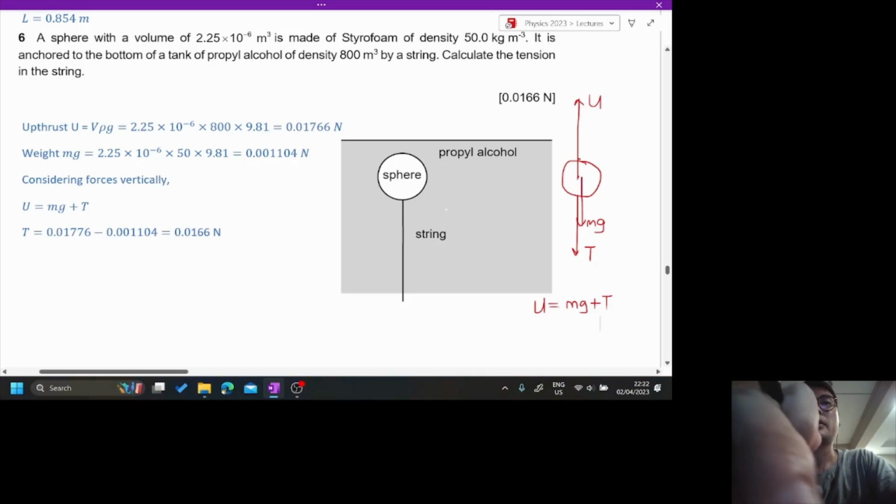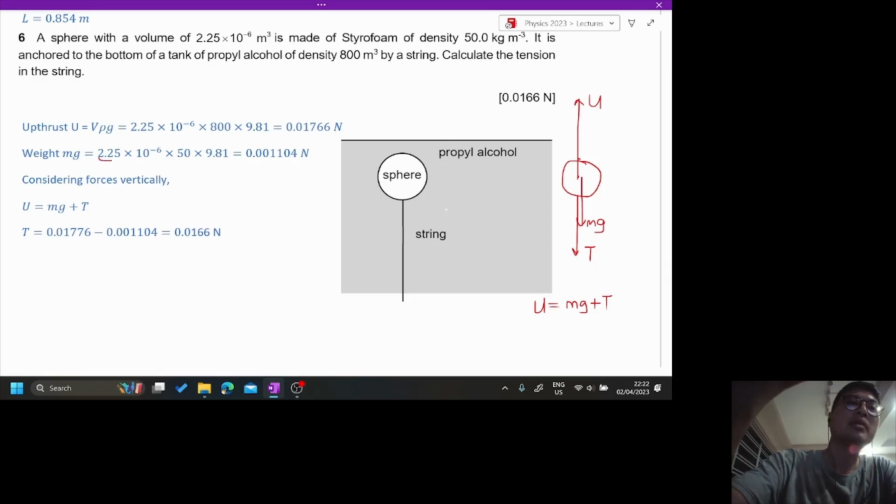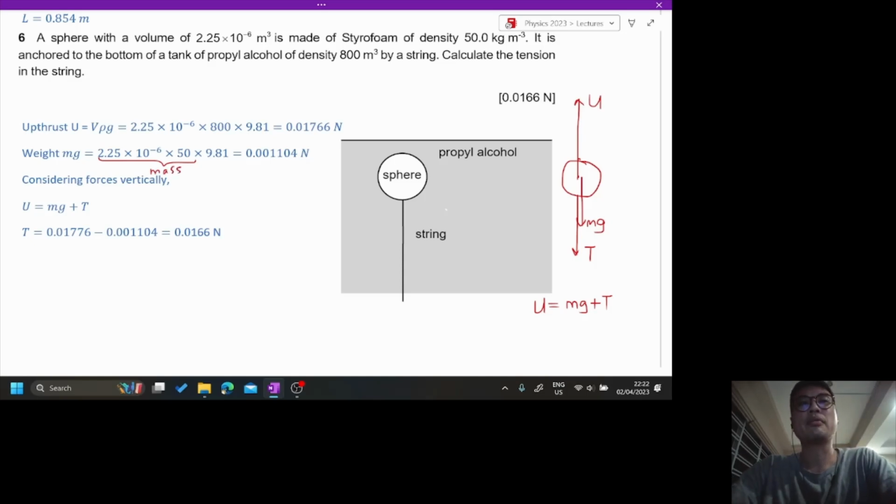Now the weight, mg, will be the volume times density times gravity. The volume times density will be equal to the mass of the ball. Right, so the weight of the ball is 0.001104.